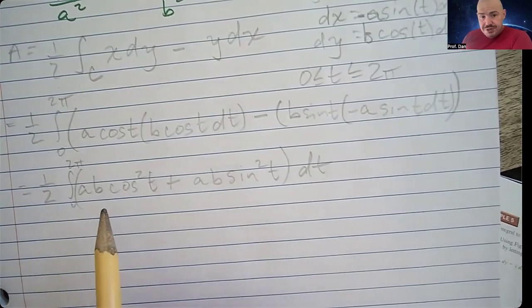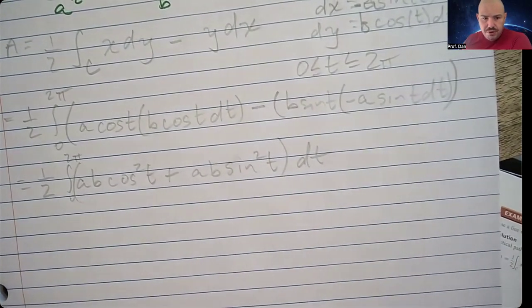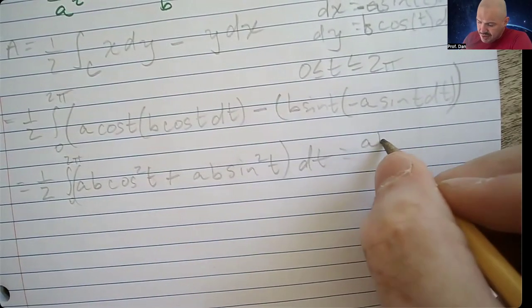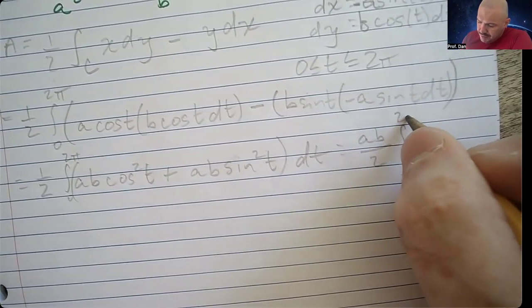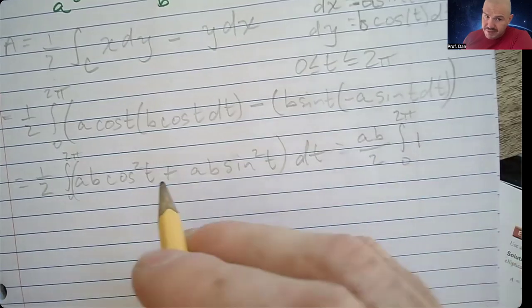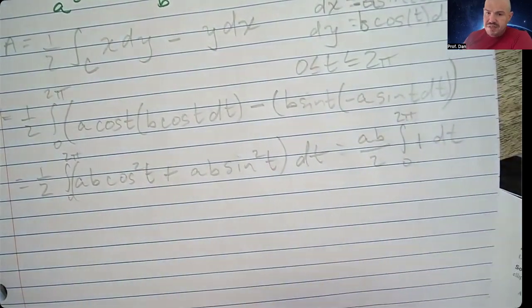At this point, we should notice that we're going to be using that same trig identity from before. So we're going to factor the ab out. Since these are constants, we can pull them all the way out of the integral. And we're just taking the integral from 0 to 2 pi of 1, that's sine squared t plus cosine squared t, dt.